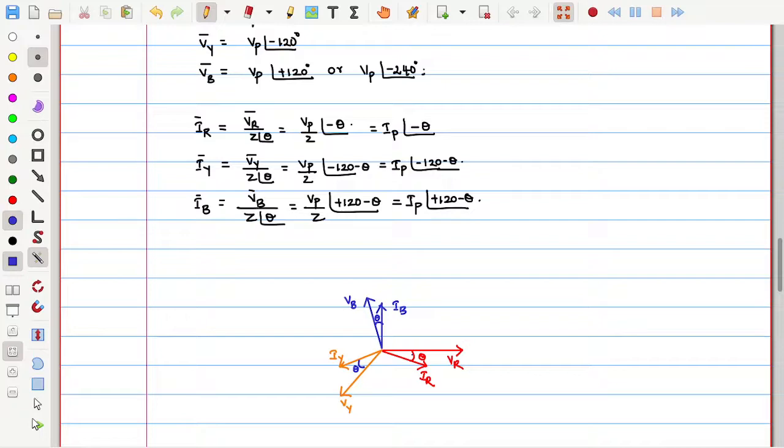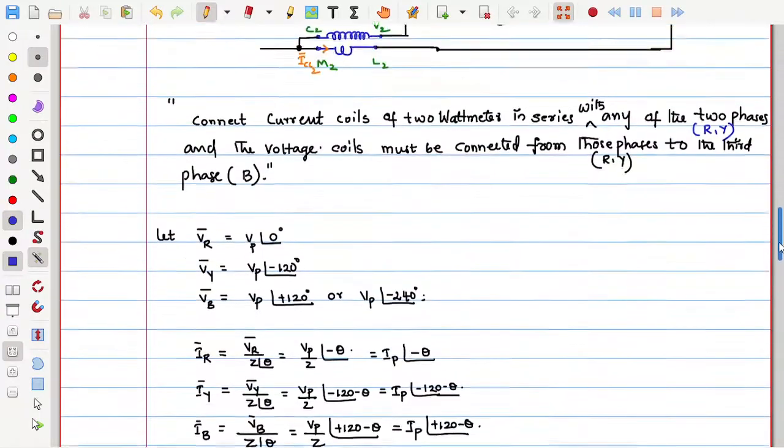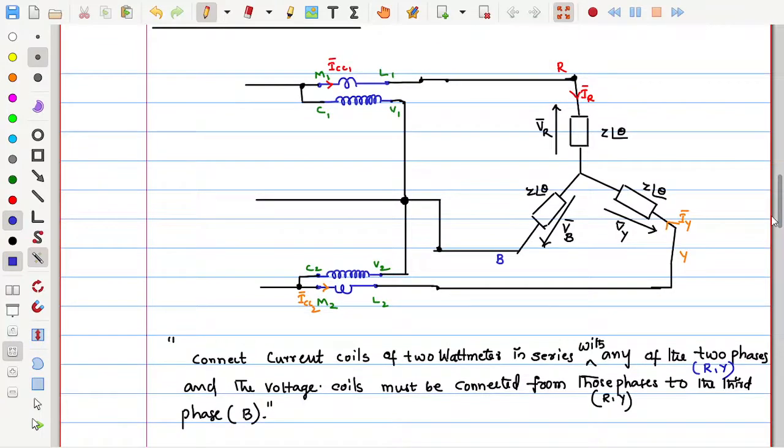Now, let us see from this diagram what the wattmeter readings will be. Let us say this is one wattmeter, kept inside the box like this. This is the second wattmeter. I'll call this wattmeter W1 and this wattmeter W2. What is the W1 reading?